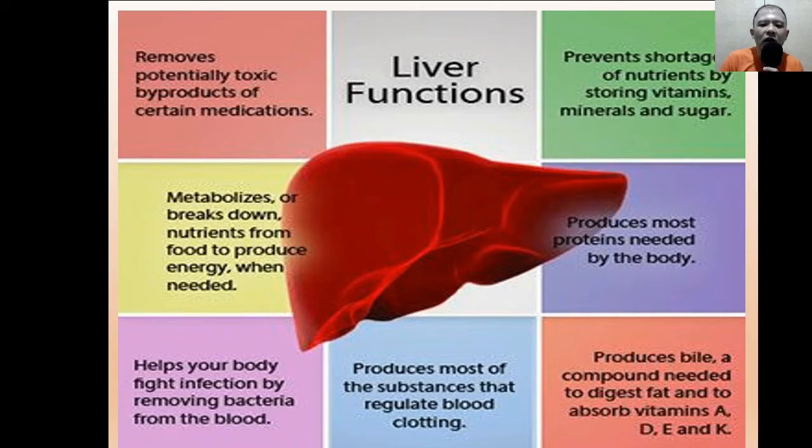That's why when there is a liver dysfunction, you have hypoalbuminemia. It produces bile, as we said before, and this bile is a compound needed to digest fat and to absorb the vitamins A, D, E, and K, the fat-soluble vitamins.